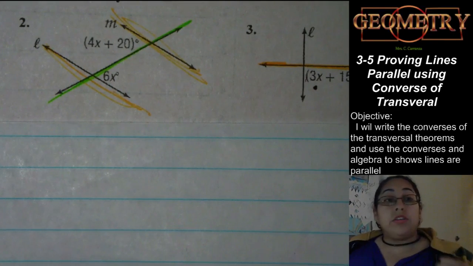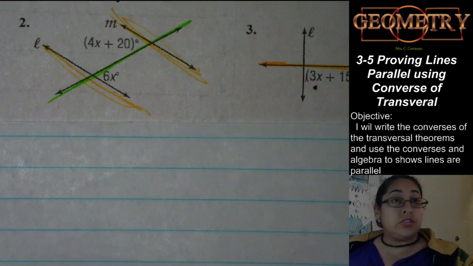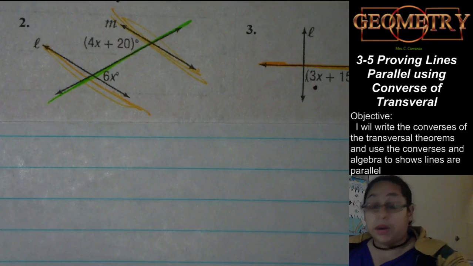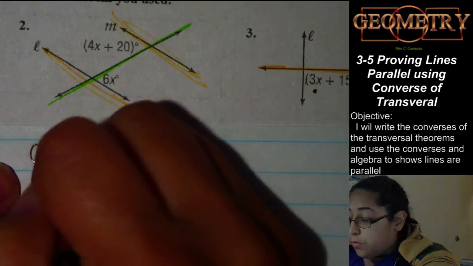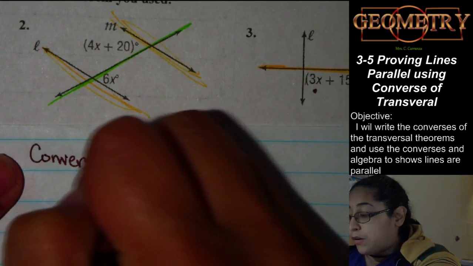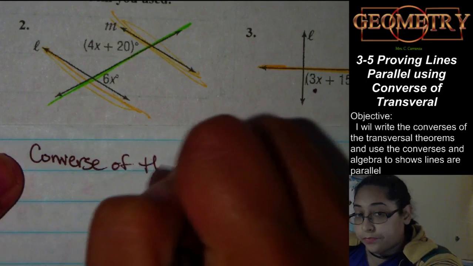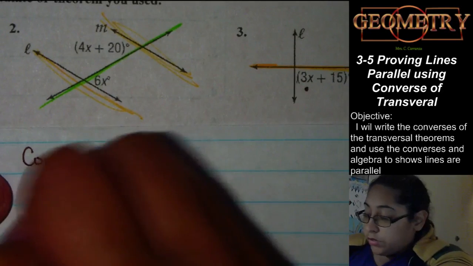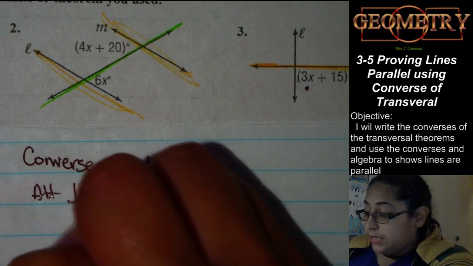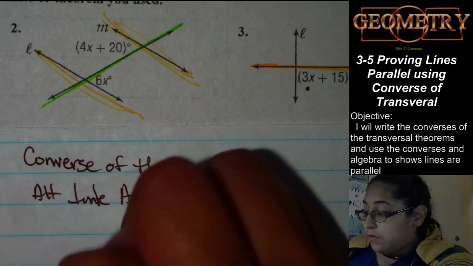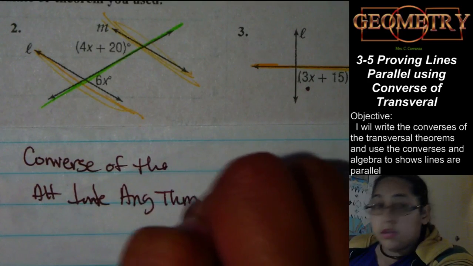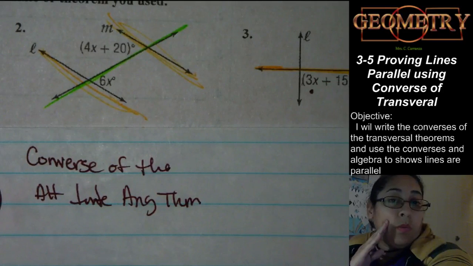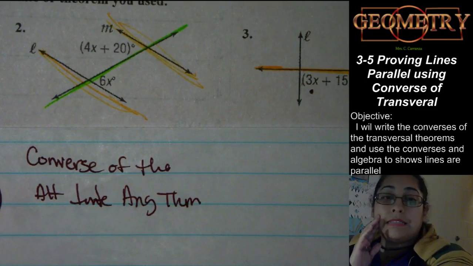Alternate interior, they're on different sides of the transversal, and they are both in between the lines that we hope are parallel. So we can state that by the converse of the alternate interior angle theorem. Please spell yours out all the way, especially on your homework assignments.